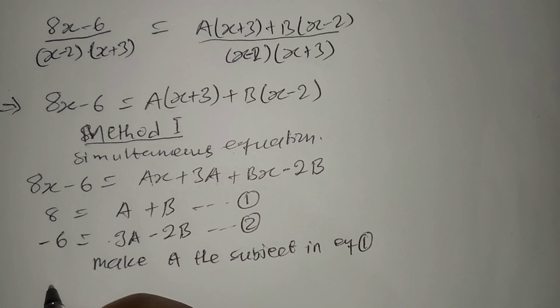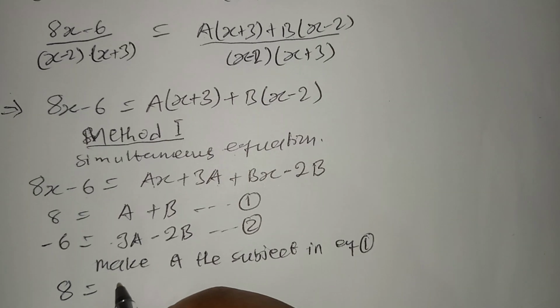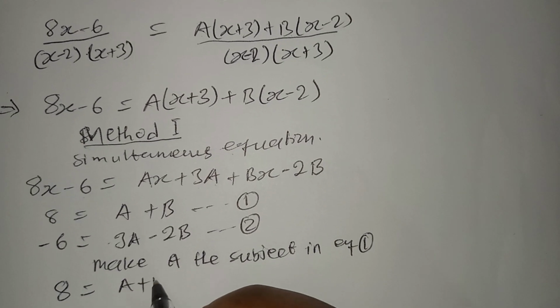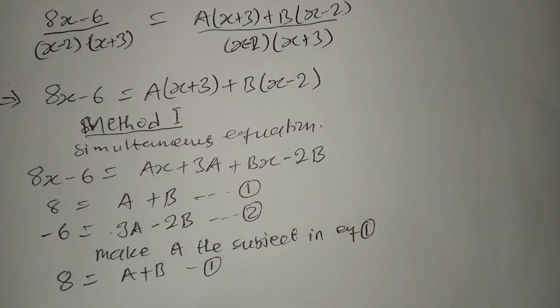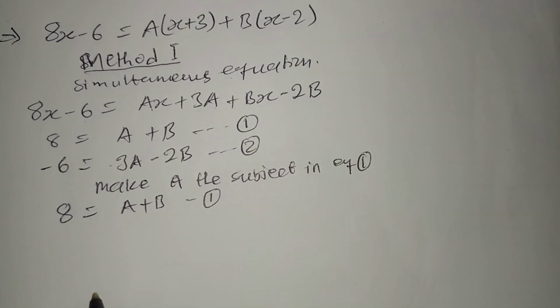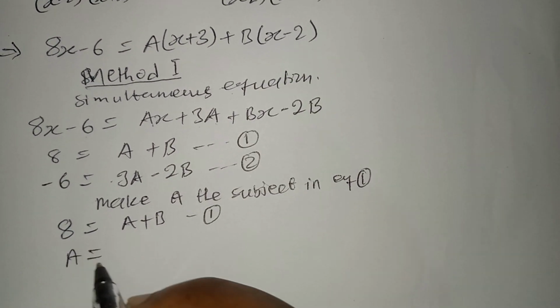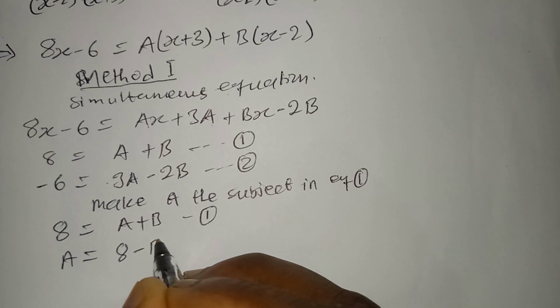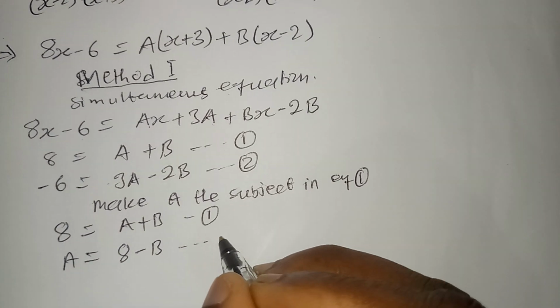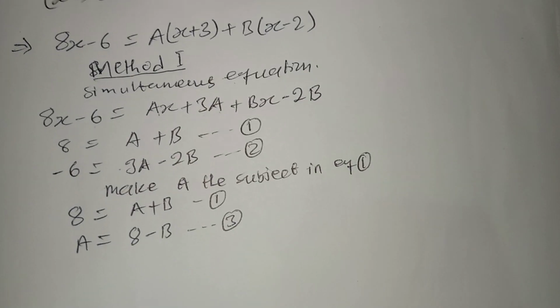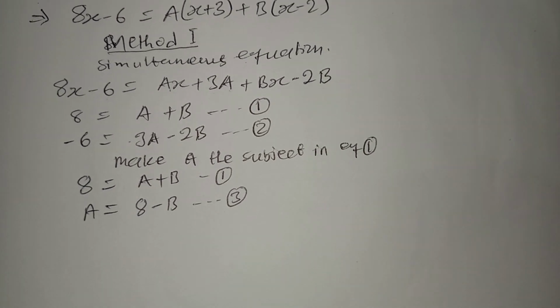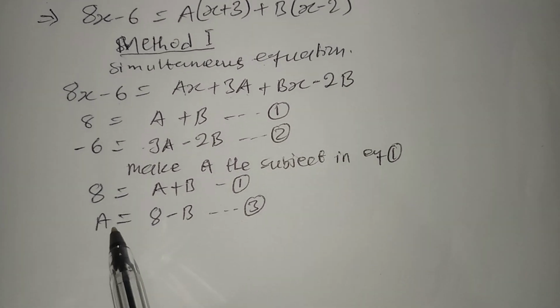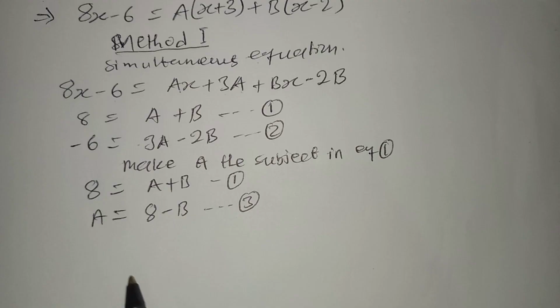That is 8 equal to A plus B. Making A the subject, we have A equal to 8 minus B. I name this equation 3. By substitution, I substitute A equal to this into equation 2.